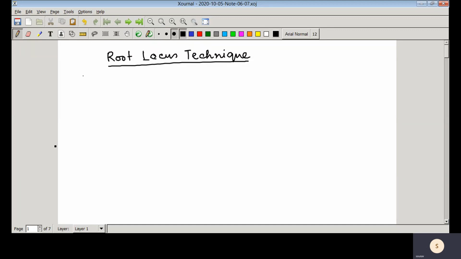This is lecture 17. Today we'll start a new topic that is called the root locus technique. So this is a graphical tool for control system analysis and design.